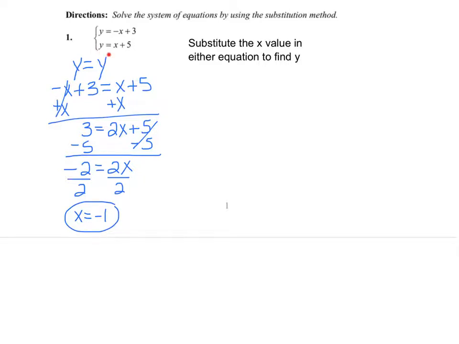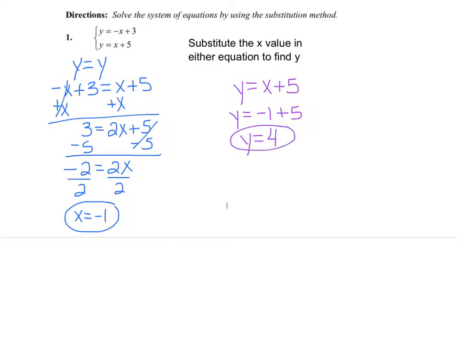I'm going to pick the second equation because there are no negatives in it. So y equals x plus 5, and I'm going to substitute negative 1 for my x. So y equals negative 1 plus 5. Negative 1 plus 5 gives us a positive 4.